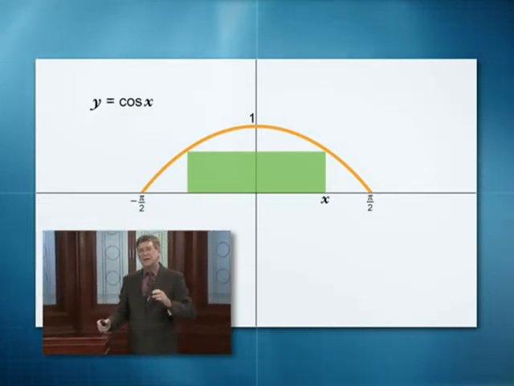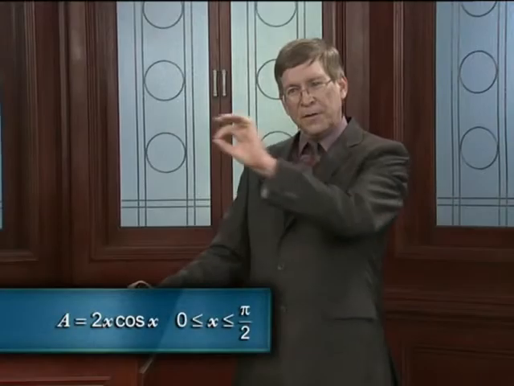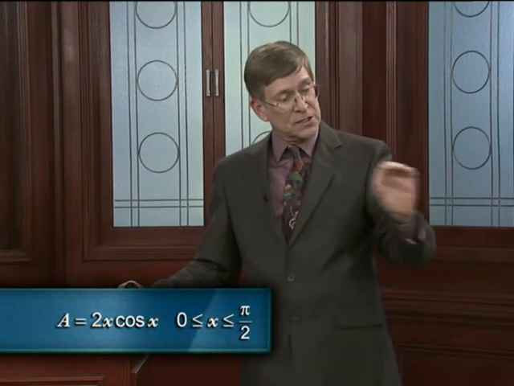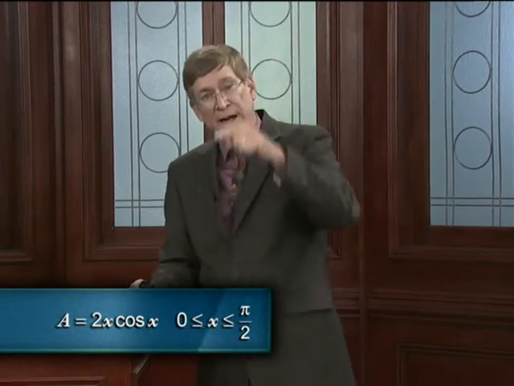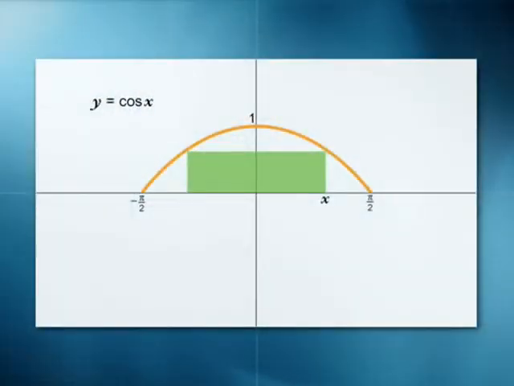What is the area of the rectangle inside the cosine curve? Well, the base is 2x, where x is the coordinate on the right-hand side. The base is 2x. How high is the rectangle? Well, x goes up and hits the curve. So the height is cosine x. The height is determined by the cosine function.